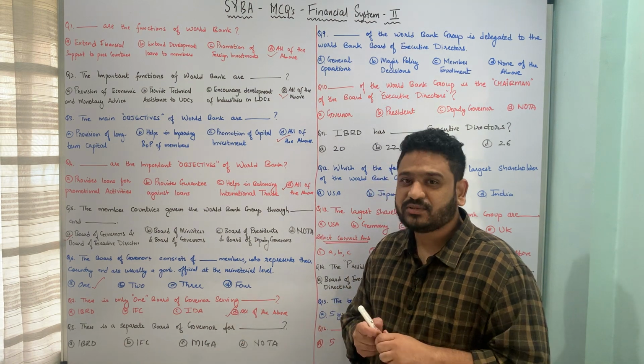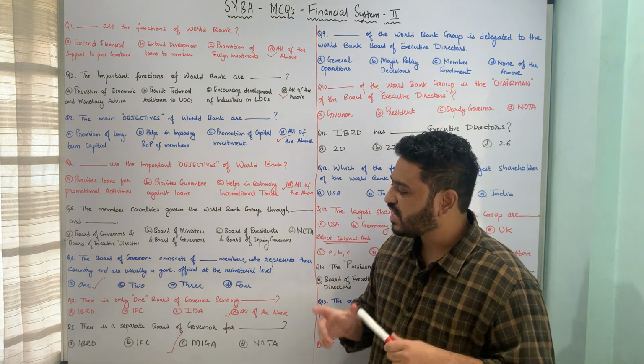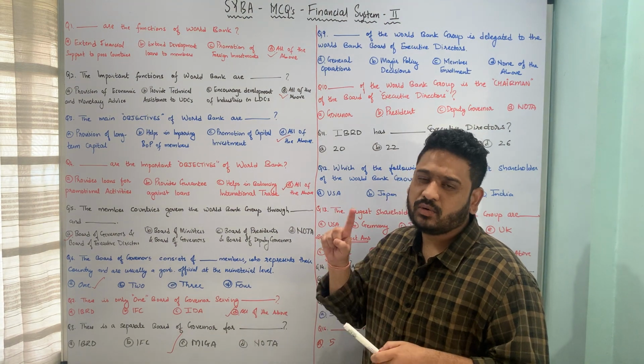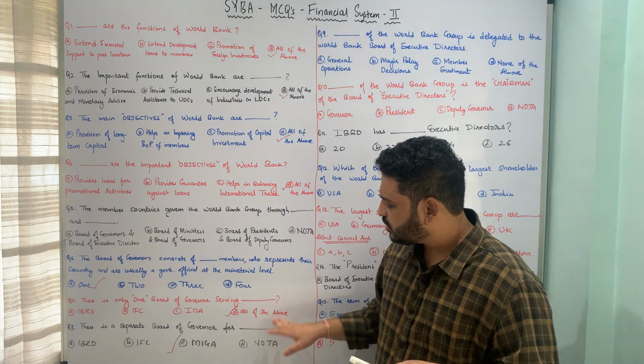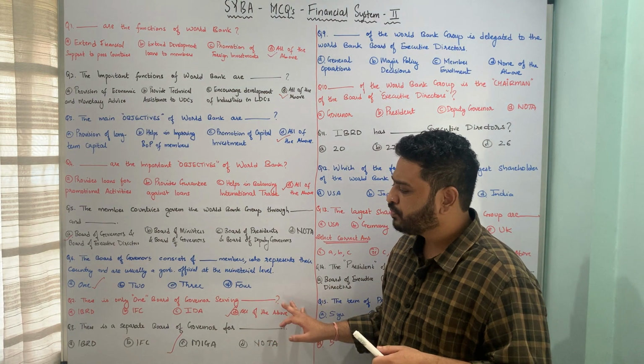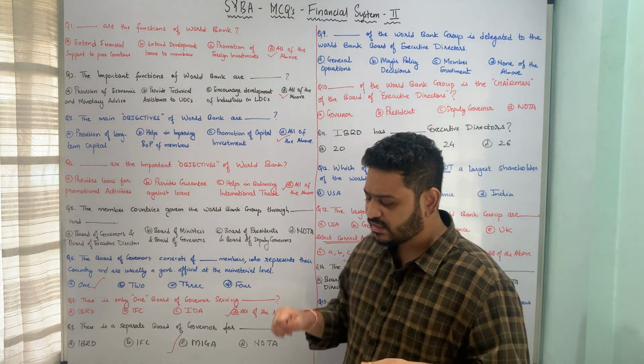So here option C is the correct answer. MIGA has a separate Board of Governors, whereas IBRD, IFC and IDA have only one Board of Governors serving all of them. I hope the distinction between these two important roles of Board of Governors is clear. Let us now move to the next one.